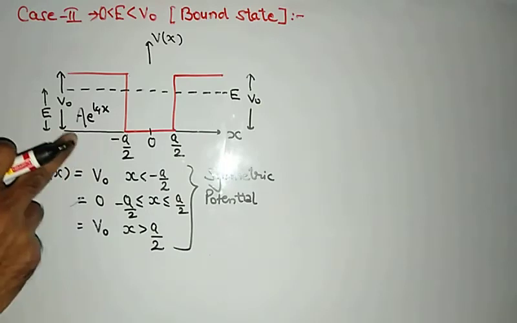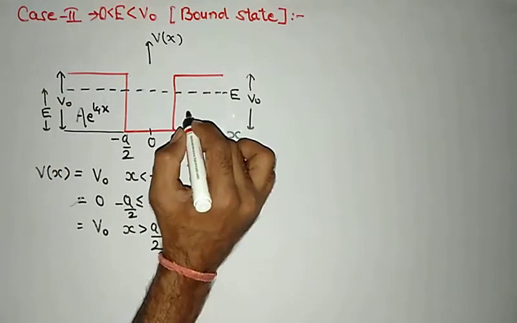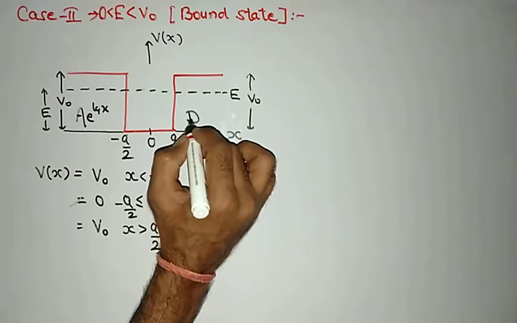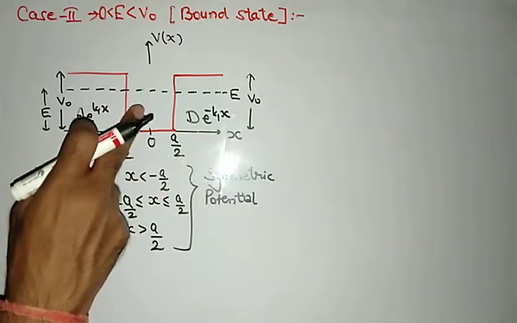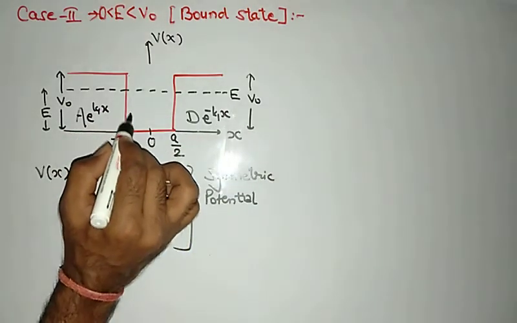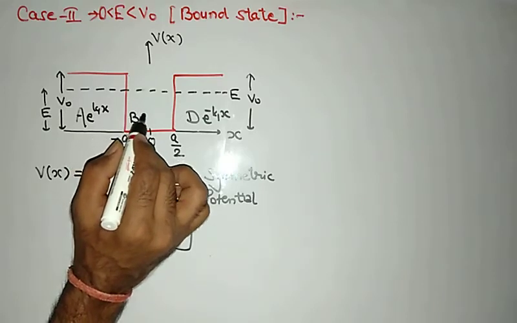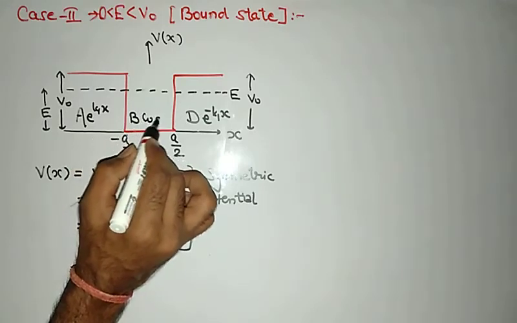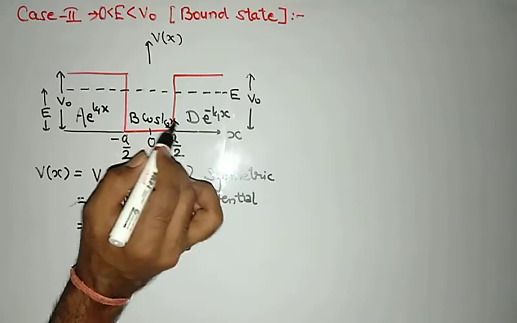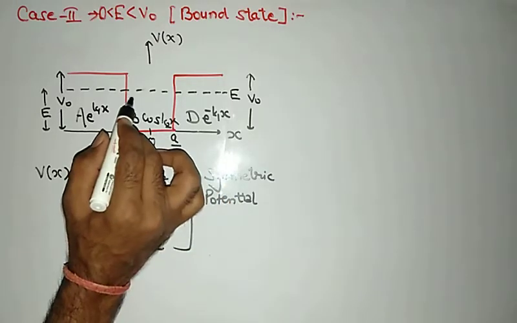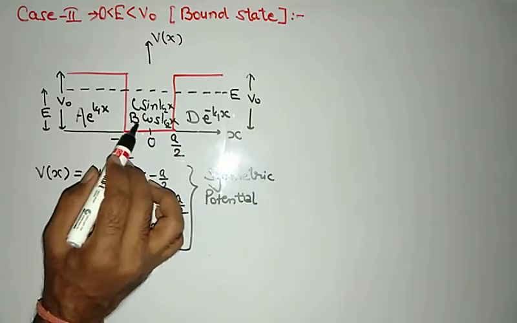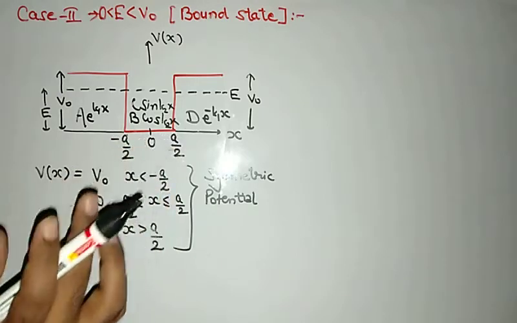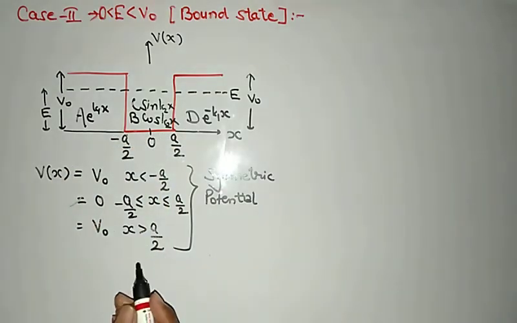So the wave function will be as, and for this minus k1x, but for this it will be b cos k2x and c sin k2x. Why is this? For symmetric or antisymmetric, that is even or odd.